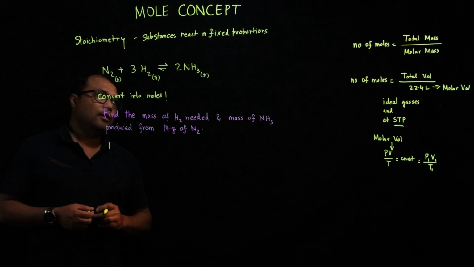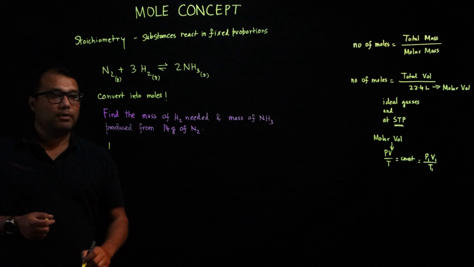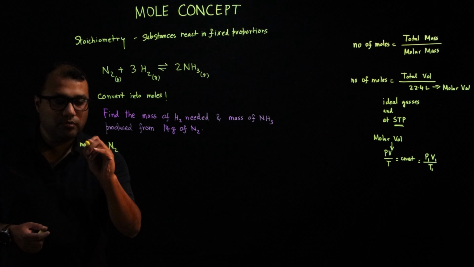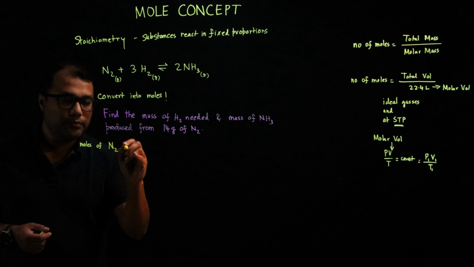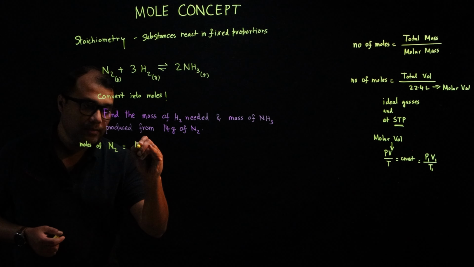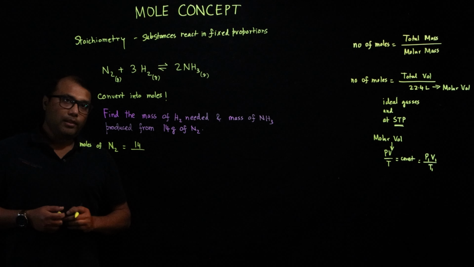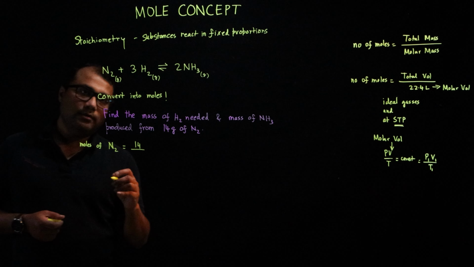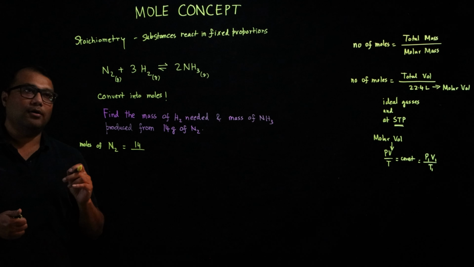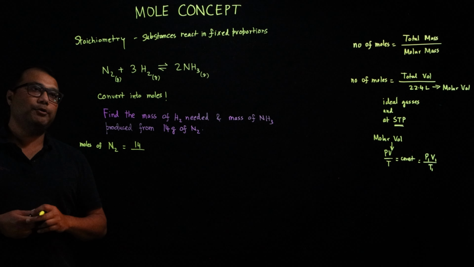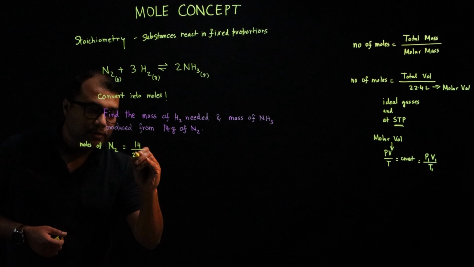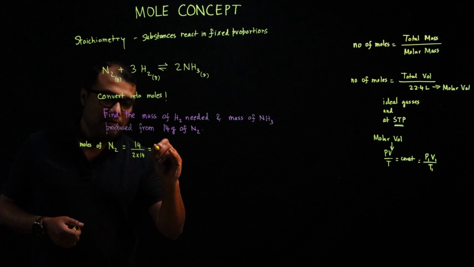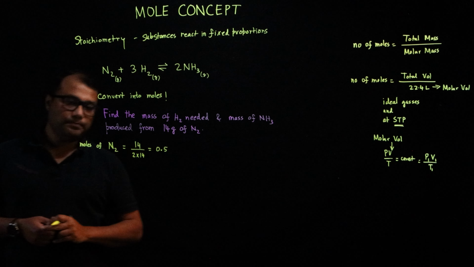To find moles: total mass divided by molar mass. Moles of N2: total mass is 14, divided by the molar mass. The atomic mass of nitrogen is 14, but 2 atoms of nitrogen are there in one molecule of N2, so 2 times 14 is the molar mass. So basically this is 0.5 moles.